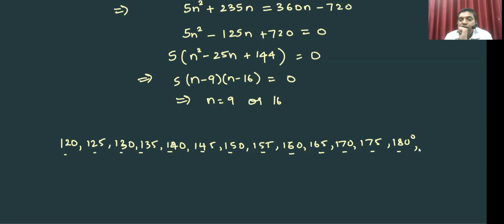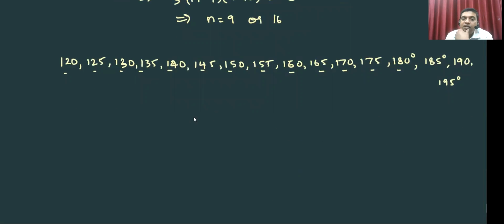Now 16 means you will get 185, 190, and so on. A convex polygon means the interior angles will be less than 180.